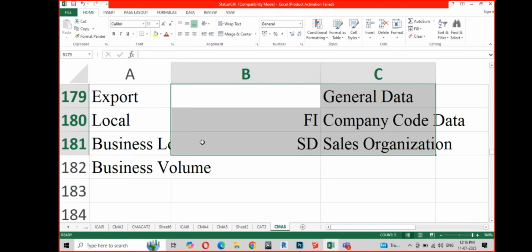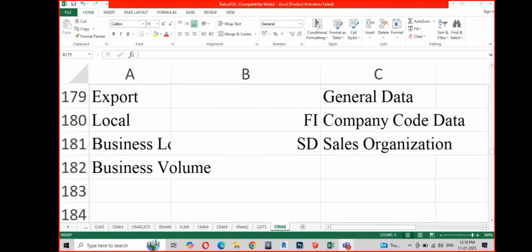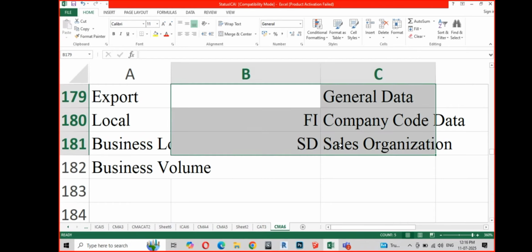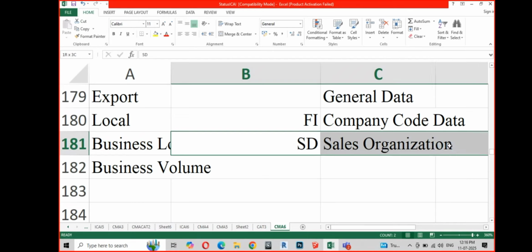For accounting here means it is only the general data and the company code level information, which is more than enough for the business to tackle such vendors and customers. I do not want to have the involvement of the sales department at all, because I'm simply raising a journal voucher. If I sell a 100 rupee item, I simply make a note and give it to the customer, so he gives me the money and buys the item.